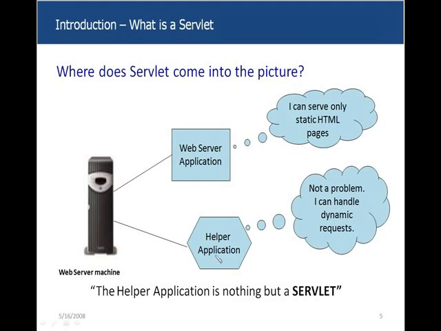And this helper application is nothing but servlets. So the very existence of servlets came into the picture because the client needs dynamic content and not always static content, right? So whenever you need dynamic content from the server, you go for servlets.